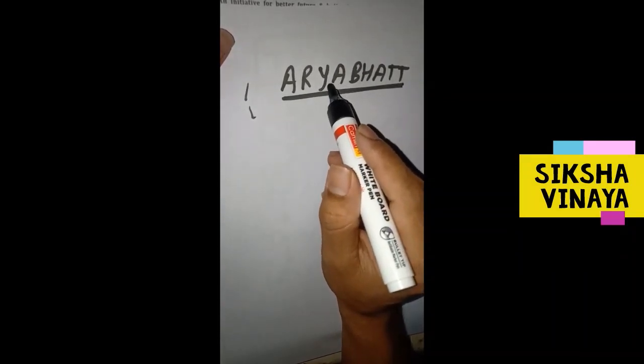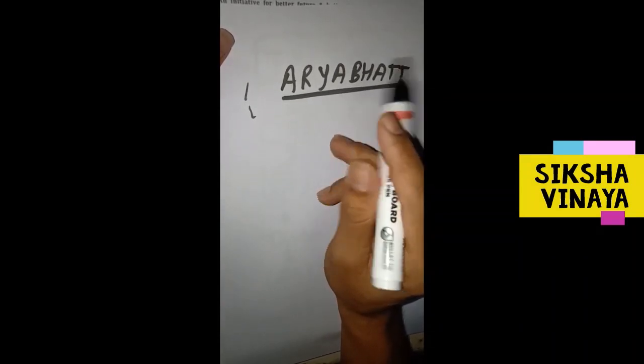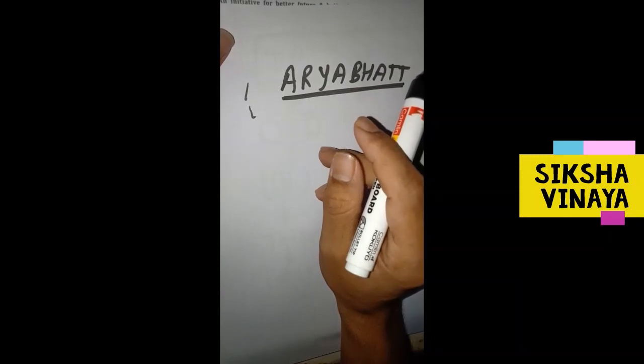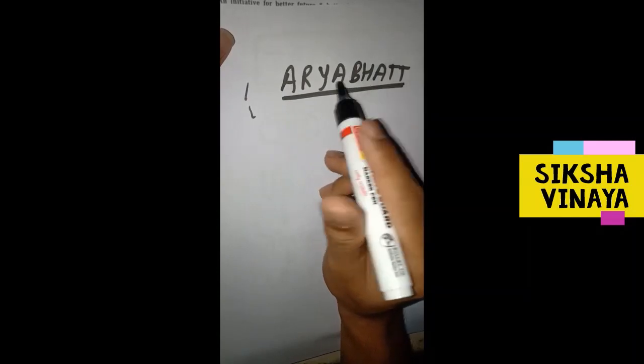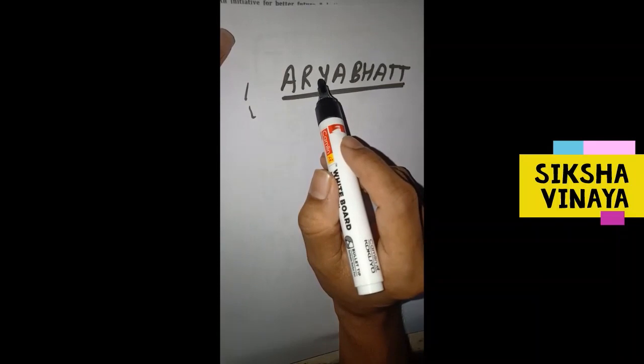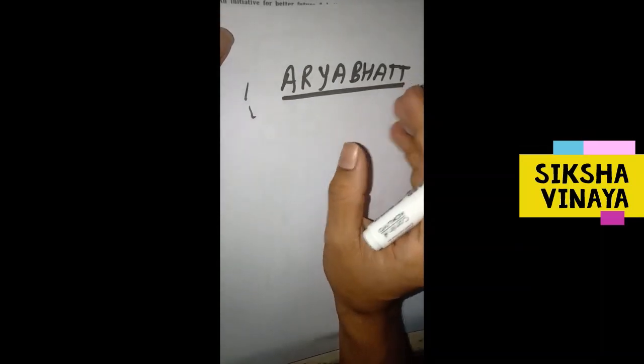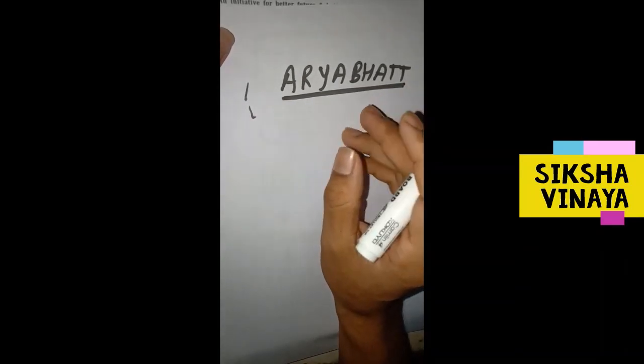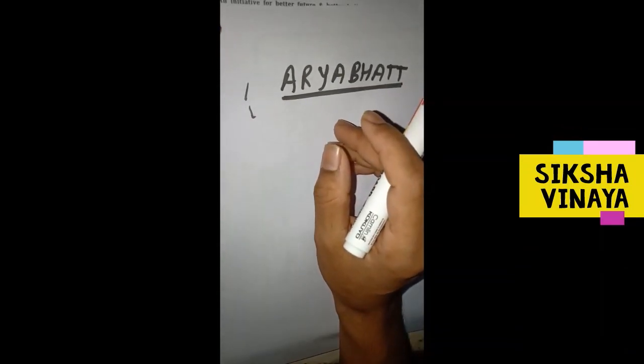And now the second name is Bhaskaracharya II, who was also one of the greatest mathematicians of all time from India. Bhaskaracharya II wrote a famous book, popular among mathematicians, called Lilavati, and actually Lilavati is the name of his daughter.